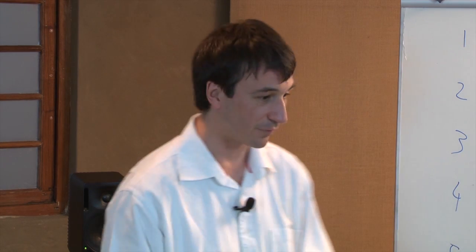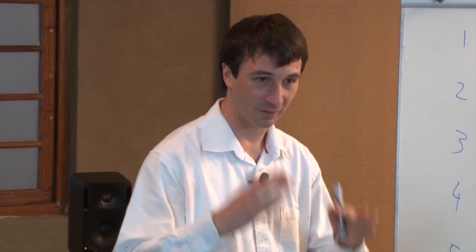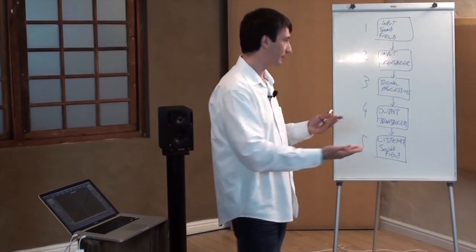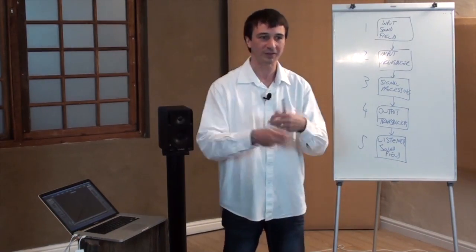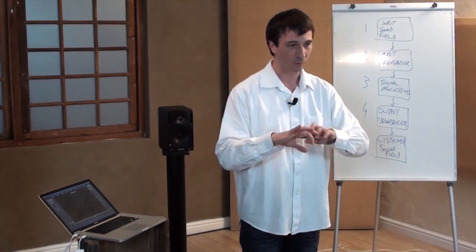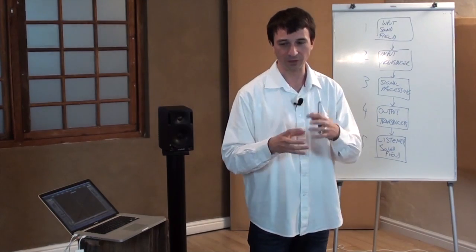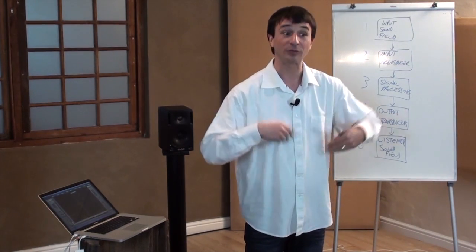Any type of audio device or audio processor, a compressor, equalizer, gate, reverb unit, you name it, they all fit in there. An amplifier is part of signal processing. We take the signal and we process it, we control it, we manipulate it, we do with it what we like, and then it goes to the next stage.